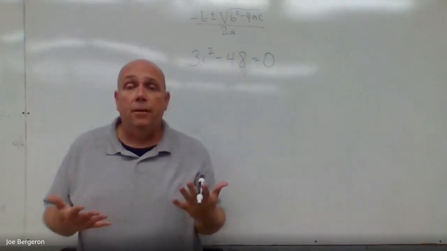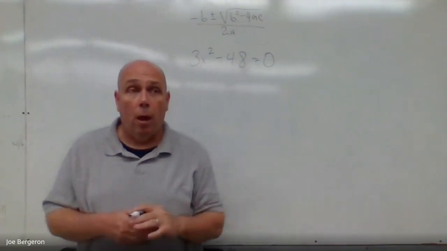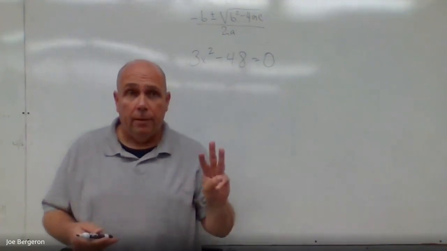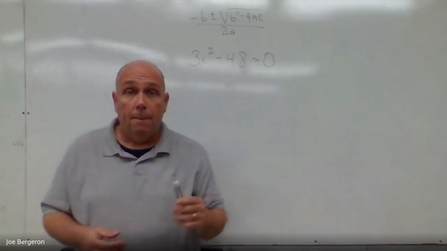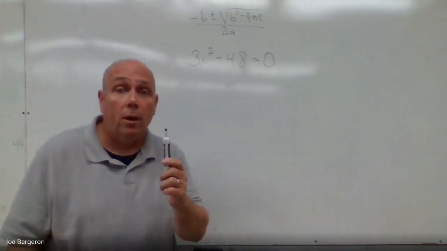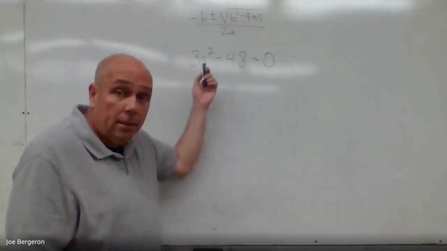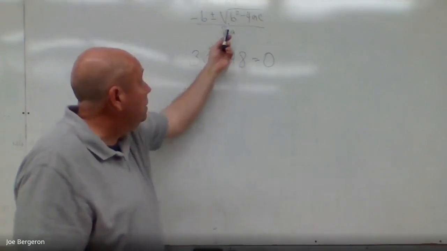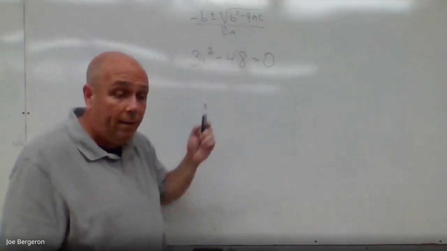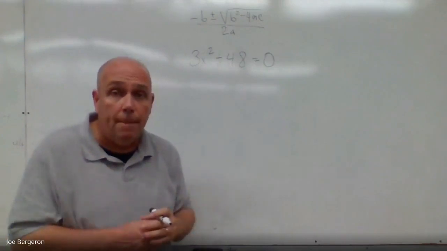Well, all the other quadratic equations to this point have had 3 different terms. They've all been trinomials, right? But we know that this is a quadratic because the highest exponent is squared, and we can use our formula to determine what the zeros are and how to factor this, right?